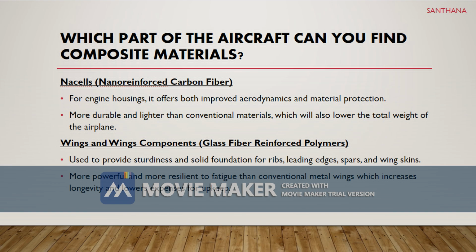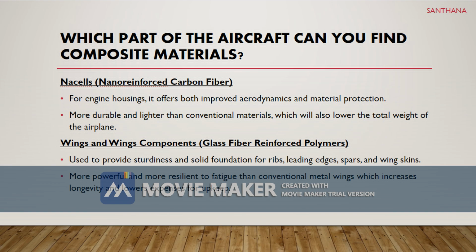Now let's move to the wings and their components. This is where glass fiber reinforced polymers come into play. They provide a solid and sturdy foundation for important wing structures like ribs, leading edges, spars, and wing skins. Compared to traditional metal wings, GFRP is not only stronger but also much more resistant to fatigue.